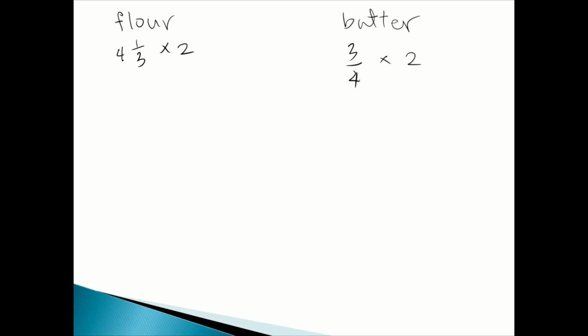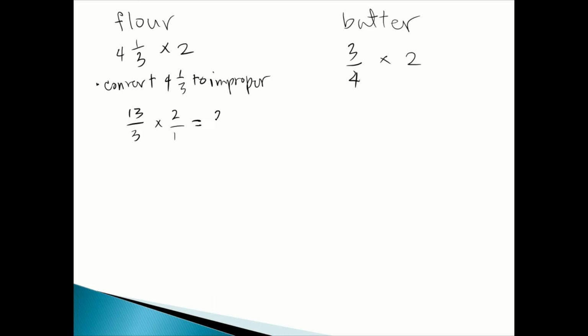And with that, we change it first to an improper fraction. So first things first, convert 4 1/3 to improper. Okay, as we convert that one, 3 times 4, 12 plus 1, that's 13/3 times 2. So in this case, 2/1 or 2 are just equal. We are ready to multiply that.